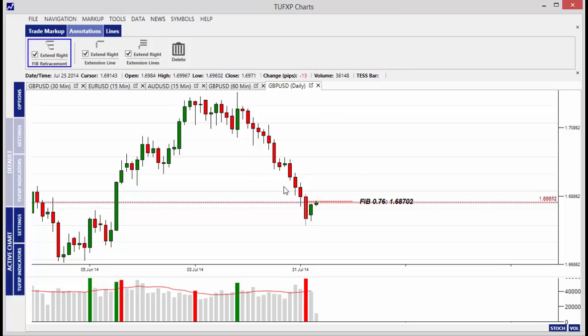If the market trades above this 76% that I've just drawn in, then I can draw in these here, and let me just move that out. So now I can see a more realistic area of resistance as opposed to going from the high to the low. And it's amazing how well this really works.